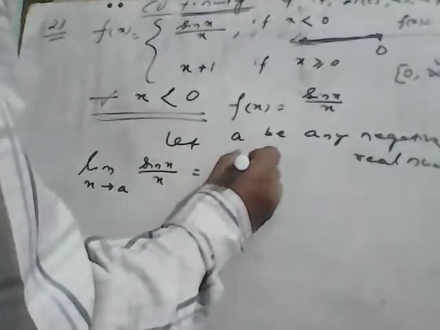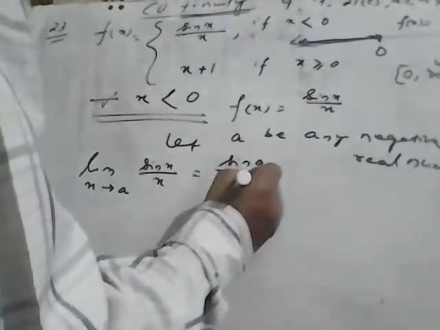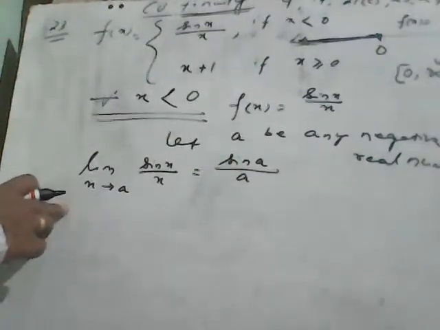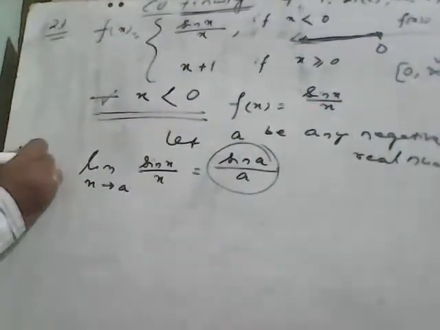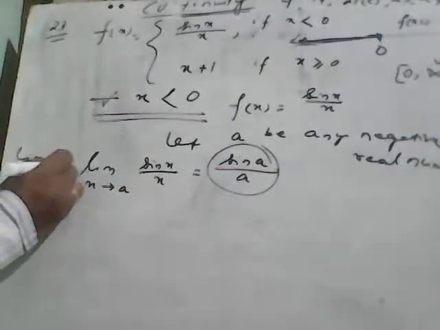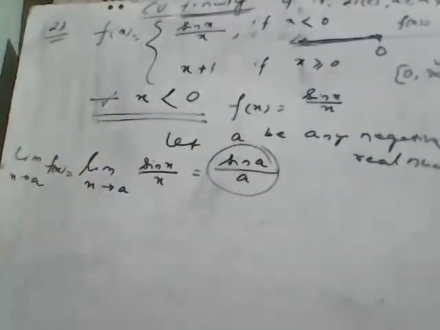Your result is sin a by a. a is not equal to 0, a is a negative number. So the result is sin a by a. This is your limit as x approaches a of f(x).